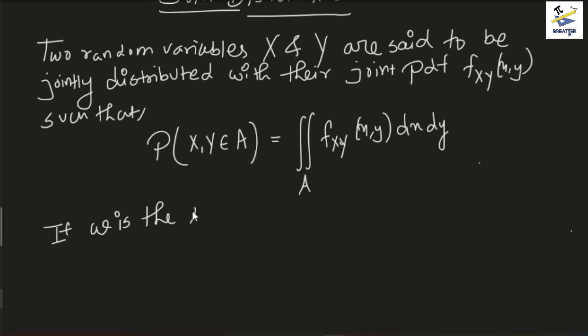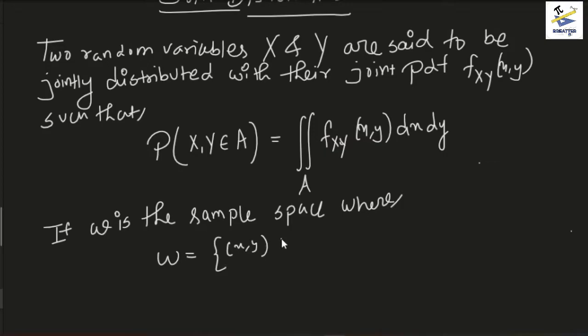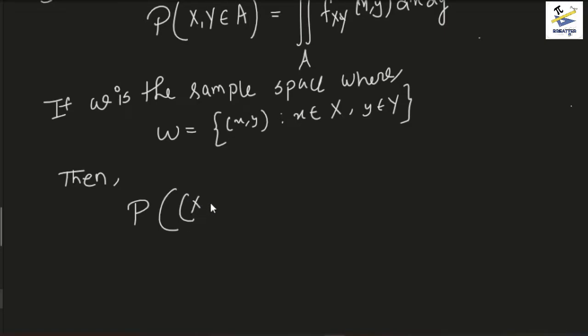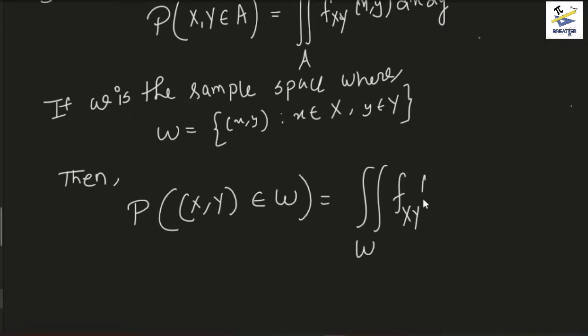omega is the sample space where, then what happens is we have, since total probability is always 1, then the integral equals 1.